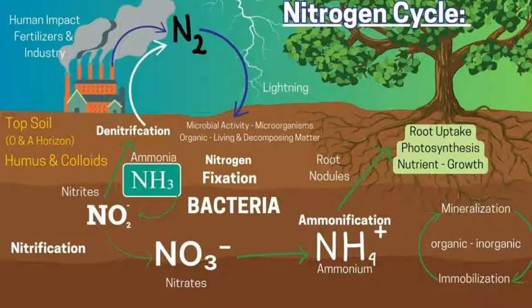And we can also add in both the cycling of organic to inorganic and vice versa, which is mineralization and immobilization, and obviously include the presence of vegetation and the biomass, which is going to use that changed nitrogen for plant growth and plant function.